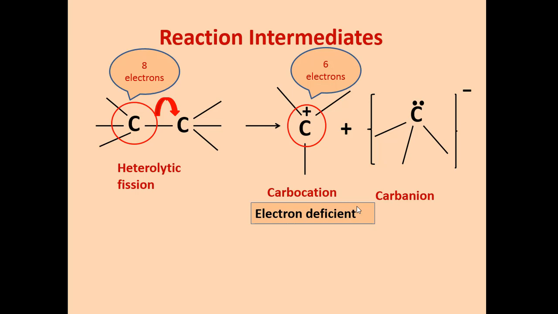And so this system is electron deficient. Most organic intermediates are electron deficient. Now look at the carbanion. You find 3 bond pairs and 1 lone pair, and totally 4 pairs of electrons corresponding to 8 electrons, and so it is an octet arrangement.